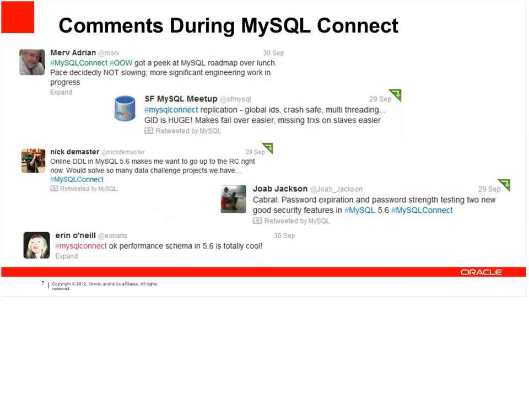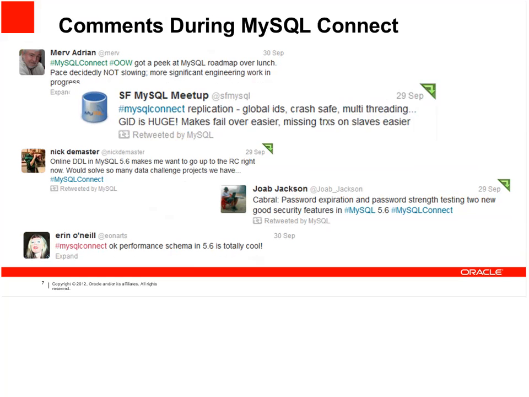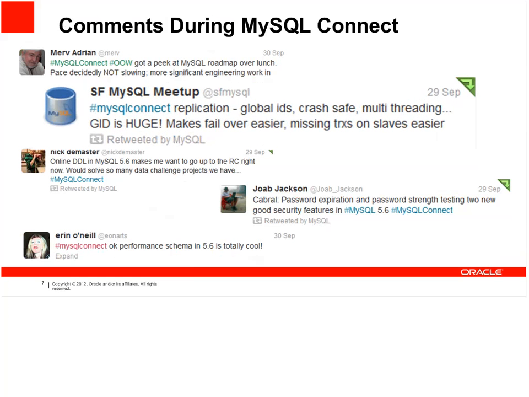I thought it was appropriate to talk a little bit as an introduction to what people said about our 5.6 when they went to our MySQL Connect conference. And that conference was right before Oracle OpenWorld. And these are some tweets that came out of the conference.